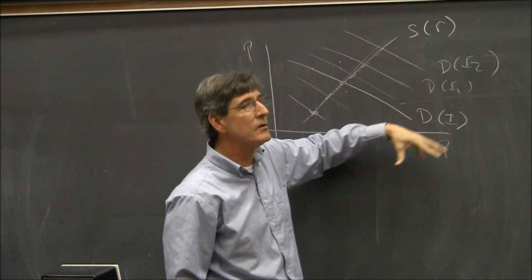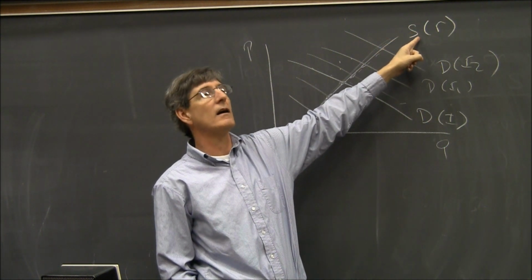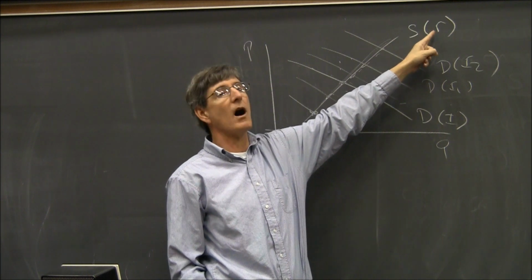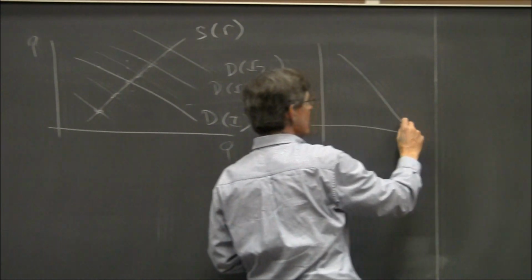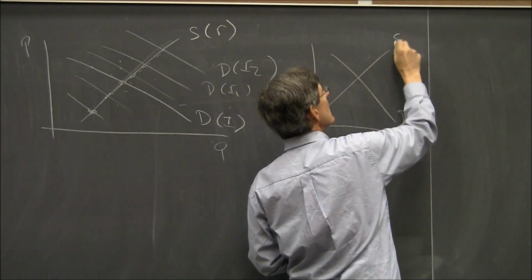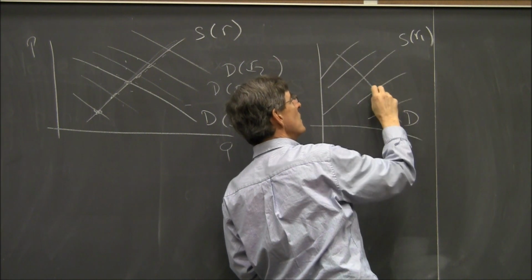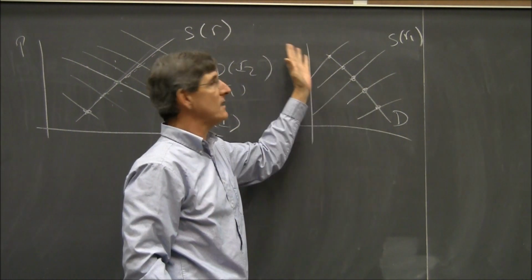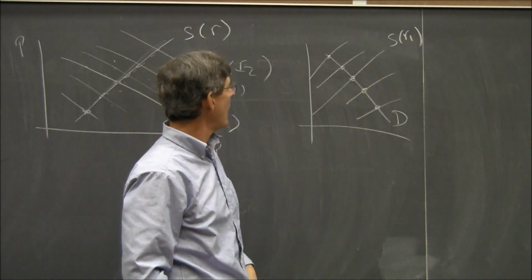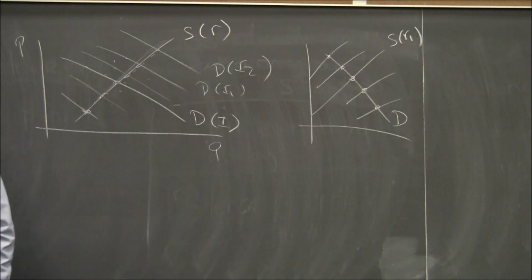When that thing moves, that allows me to figure out what the parameters of the supply curve are. And similarly for this curve, when R moves, it's going to map out the demand curve. So if we want to know what the demand curve looks like, we let R change. And as R changes, we look in the data for different rainfall years and look at how demand changes. And then that'll give us the demand curve. So we need some unique variable to map out the other curve.